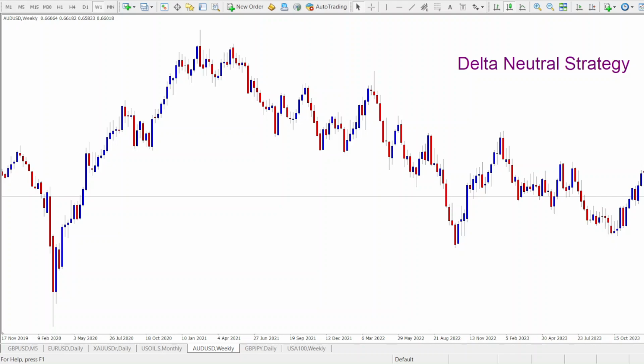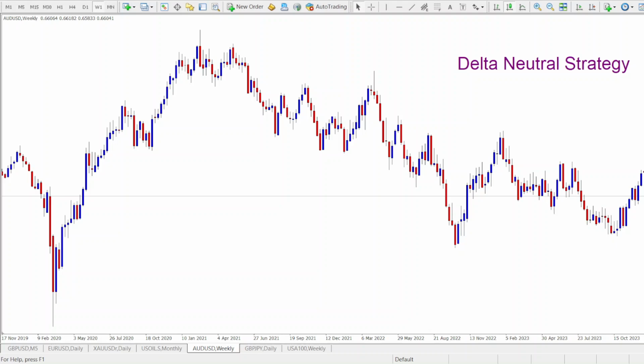Delta neutrality is especially useful in options trading and Forex, where you are often exposed to complex market conditions. For example, if you have a position that profits in one direction but loses in another, a delta neutral strategy can help offset those losses by adding trades that hedge your position.